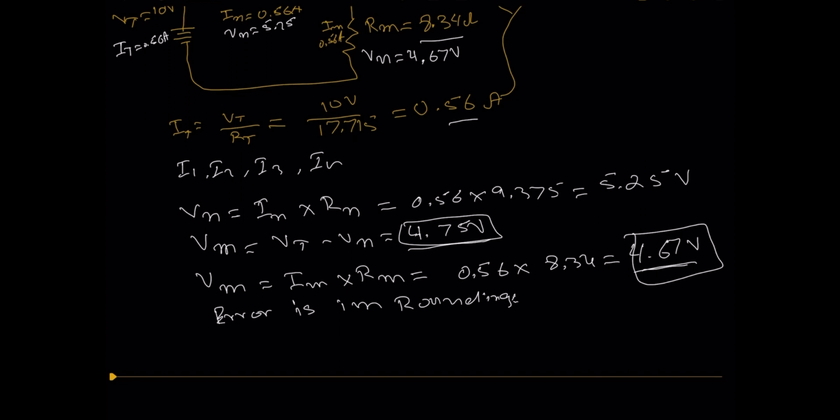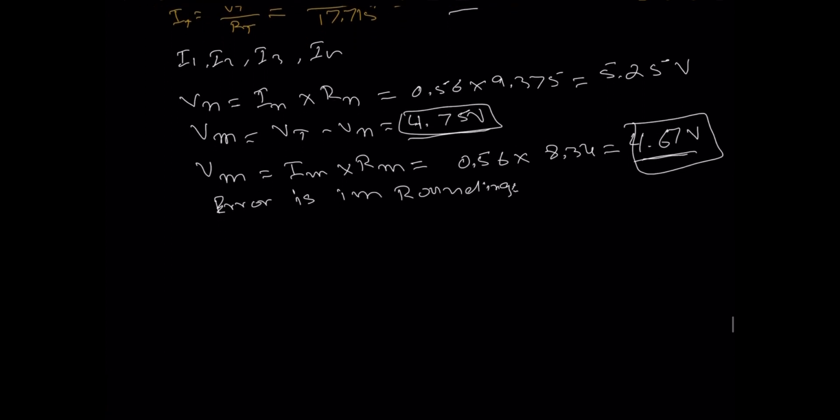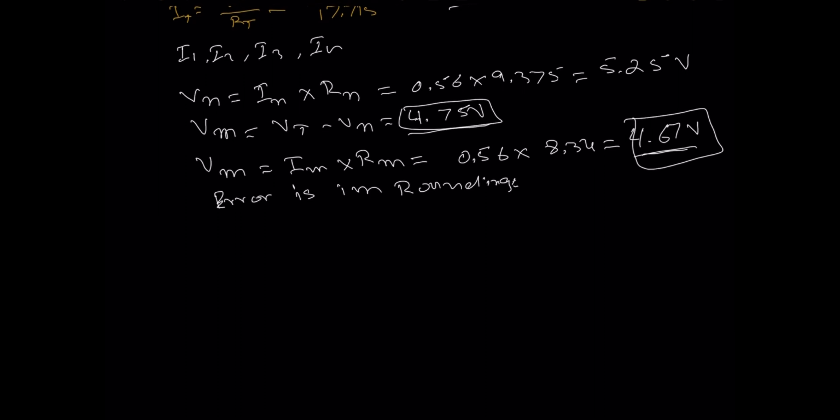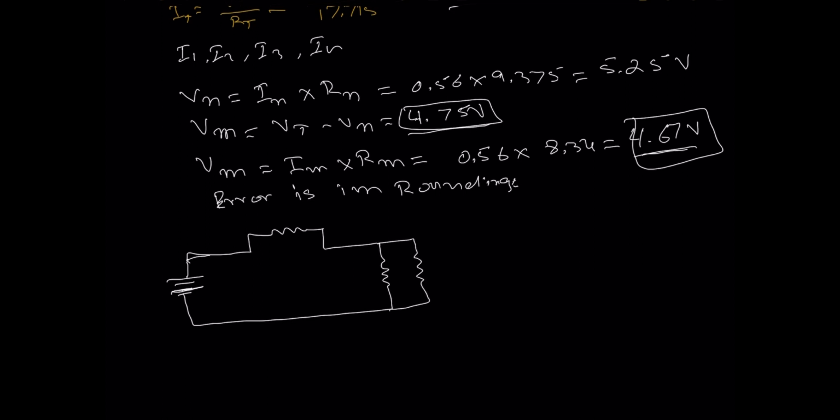Now let's move on and find I1, I2, I3 and I4. For that, we have to draw the circuit in the original setting. We have VT as 10 volts.